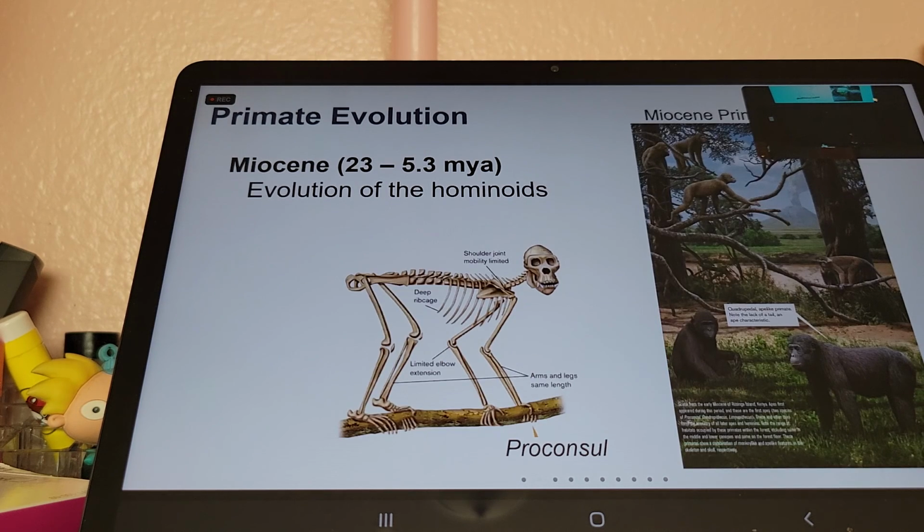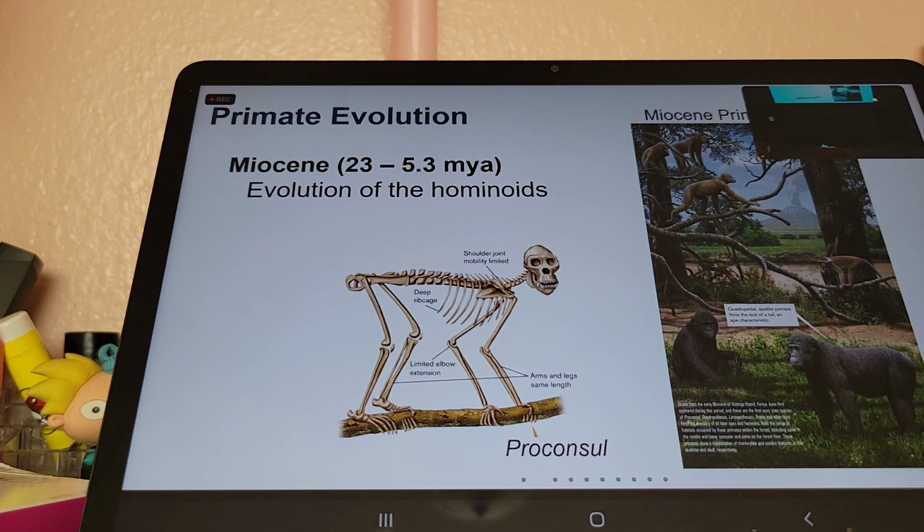And then during the Miocene, we see forms that have no tail. And what is a lack of a tail a hallmark of? What group of non-human primates? Apes, right? So clearly we get the rise, or the evolution, of apes in the Miocene.